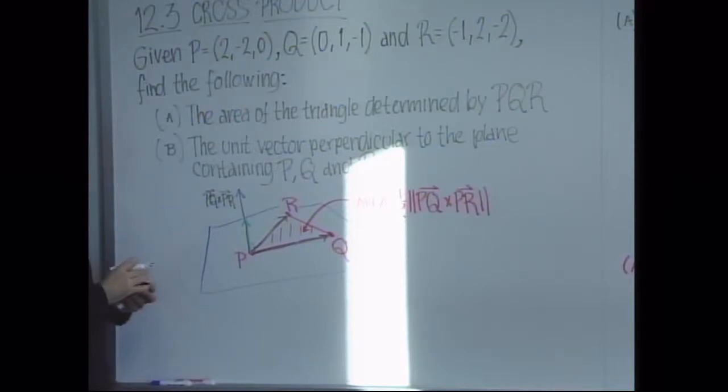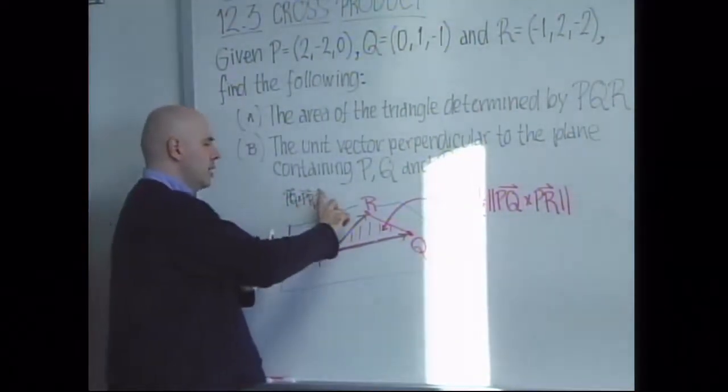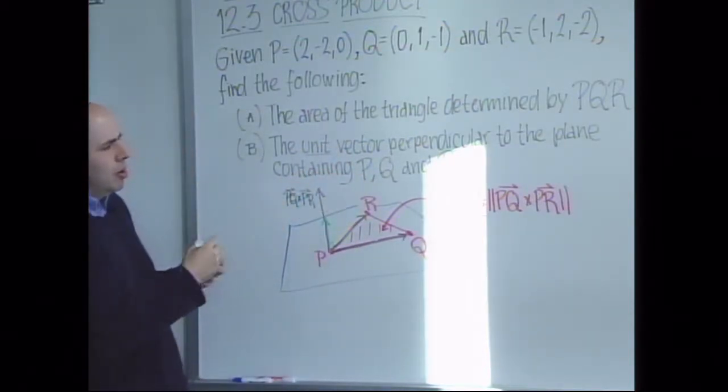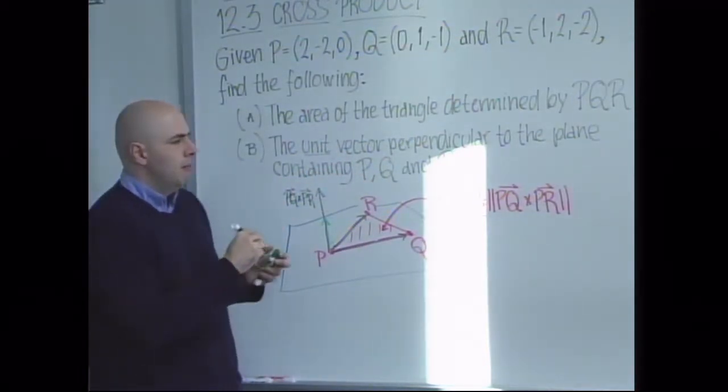So the only thing that we need is to make it a unit vector. That means that we have to take the vector PQ cross PR and just divide it by its magnitude.